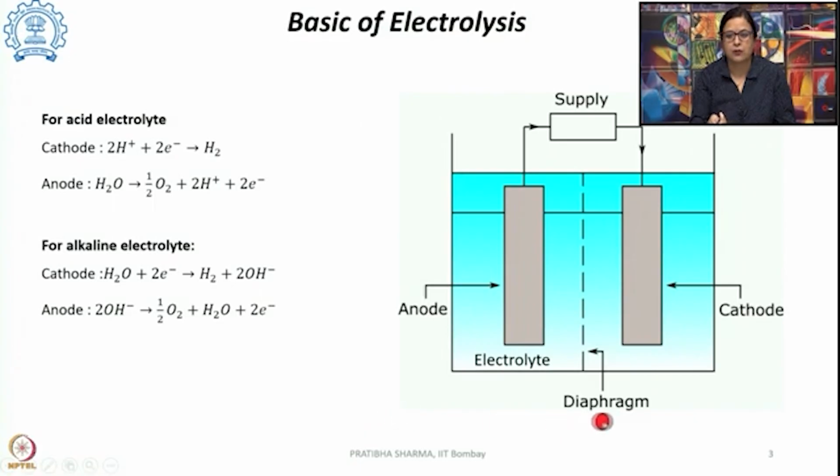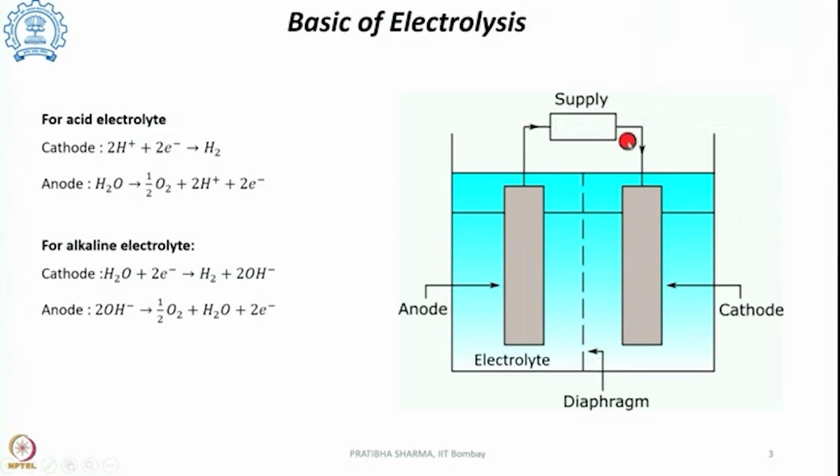So, this is an electrochemical cell having two electrodes, an anode and a cathode, separated by means of a separator or a diaphragm. When an electric current is passed through it, the reactions occur in such a way that the electrons flow through the outer circuit and ions flow within the electrolyte from one electrode to another.